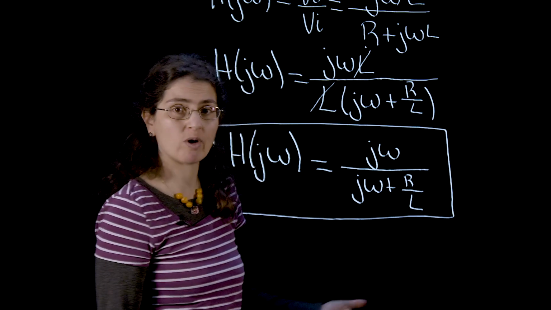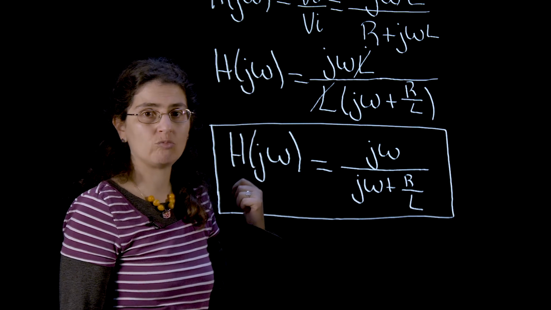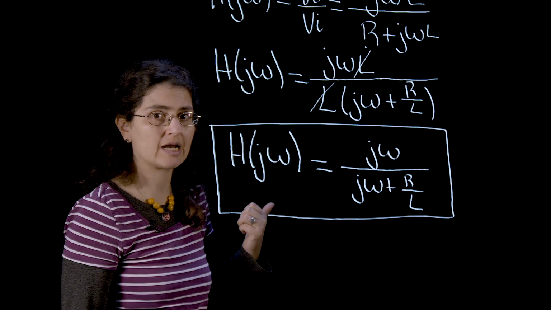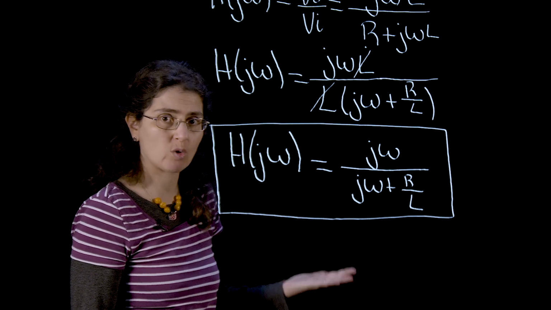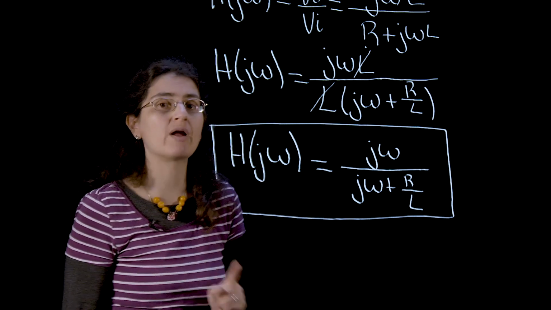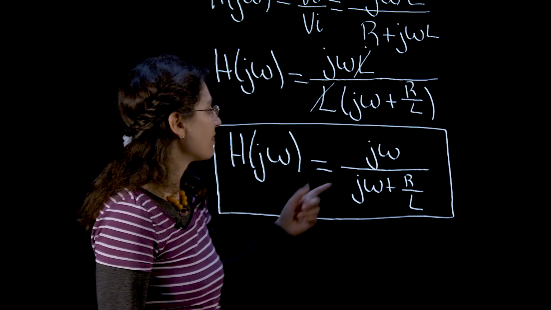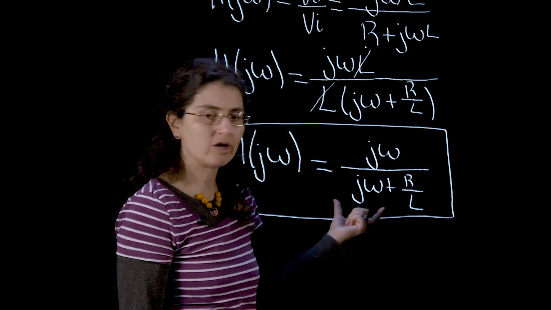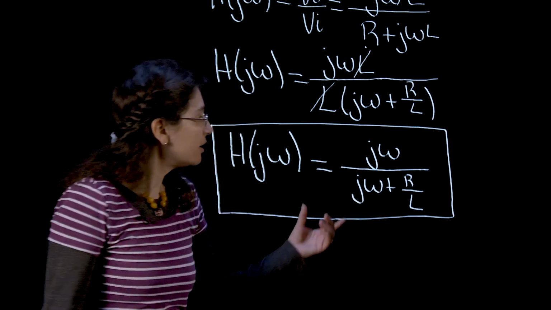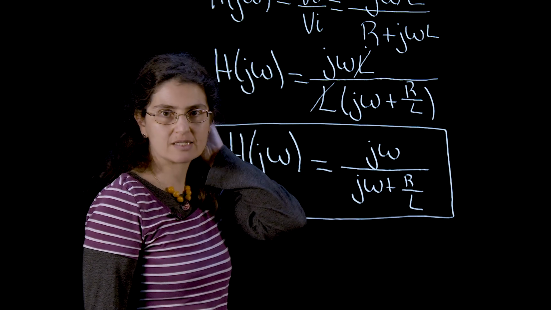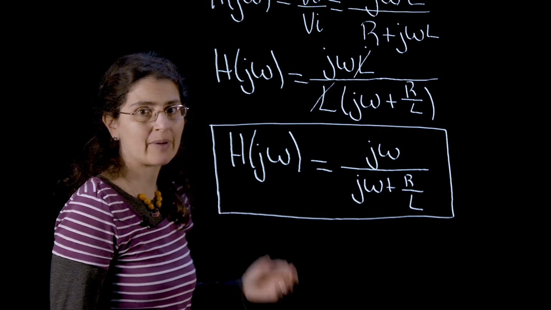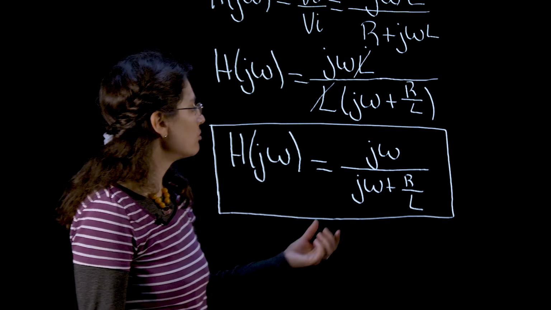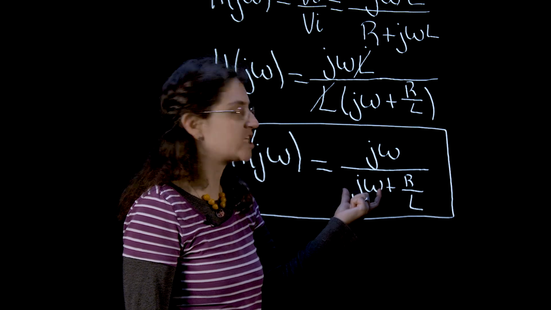The differential equation that we got in one of the previous videos for this circuit was a first order differential equation because we have only one element that stores energy, and therefore here we also have a first order transfer function where we only have j omega. If we had, for instance, a circuit with one capacitor and one inductor, we would have here a term which is j omega squared.